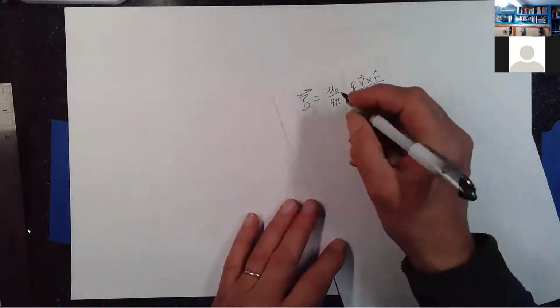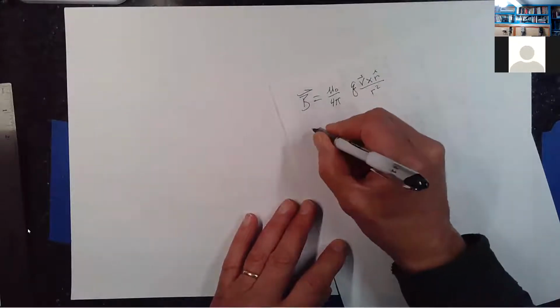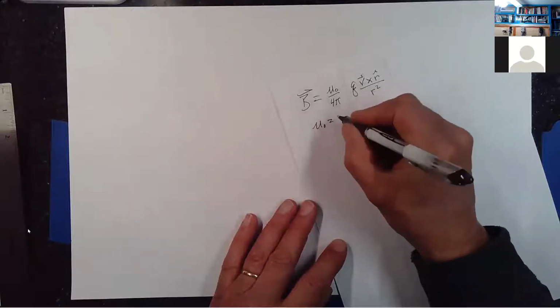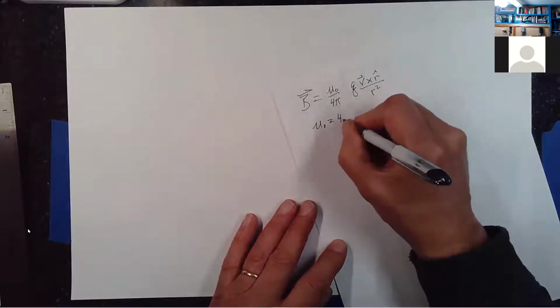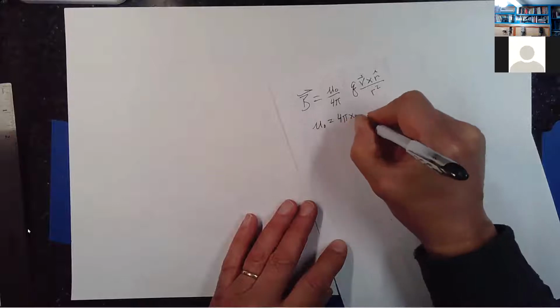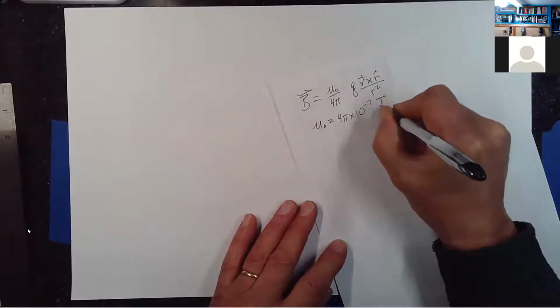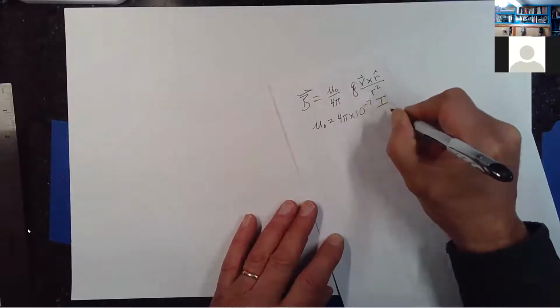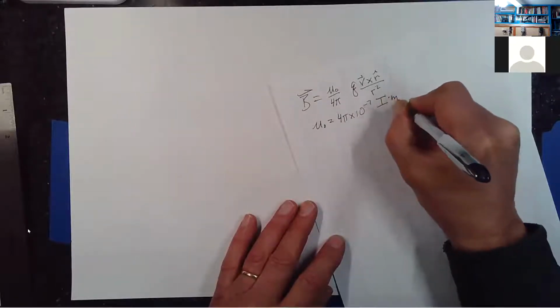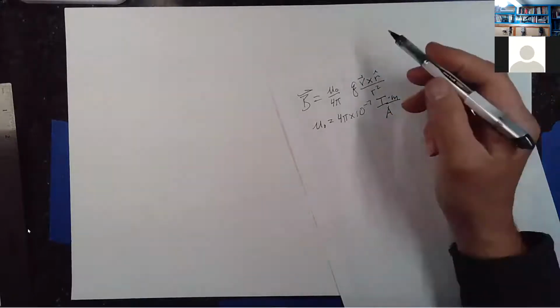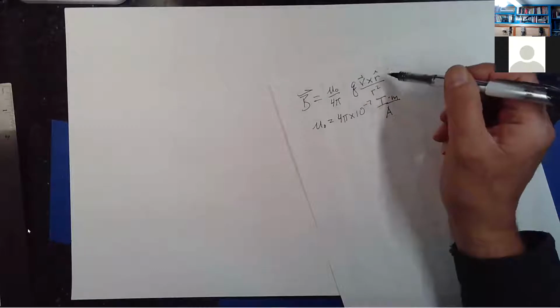Now about that mu naught. This may seem crazy to you, but mu naught's value is 4 pi times 10 to the minus 7 tesla meters per amp. And let's see if that'll give us what we need here.